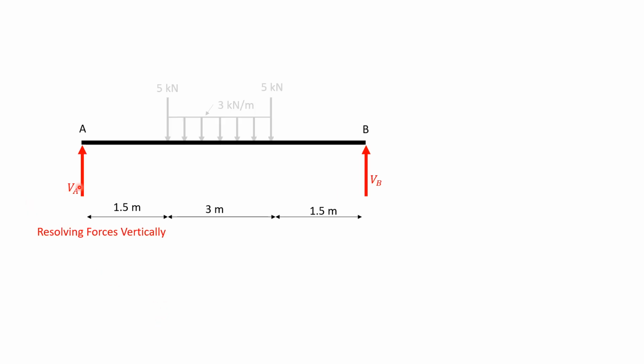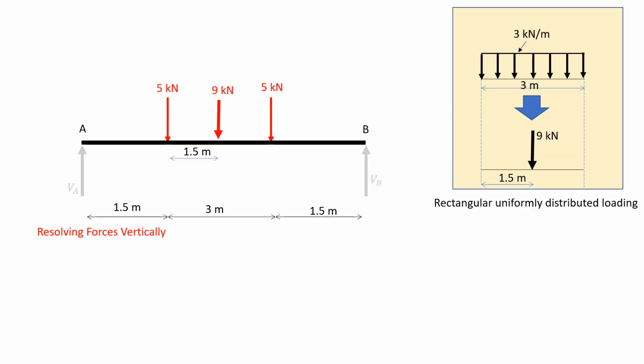Now, these are two vertical reactions, and these are two point loads, and this is the converted point load from the rectangular uniformly distributed load of 3 kN per meter.